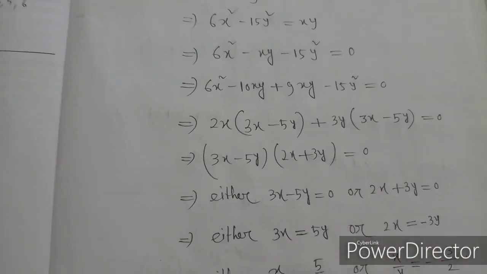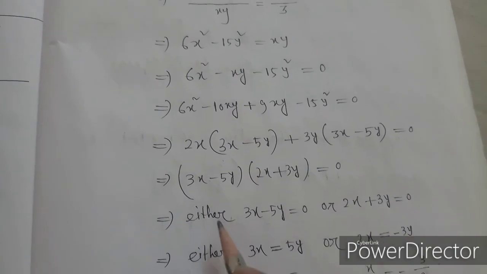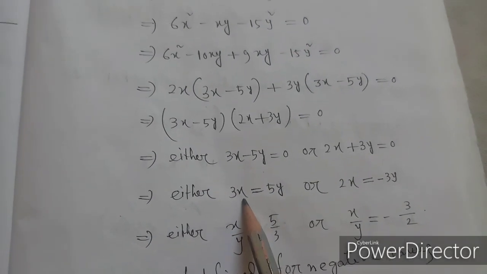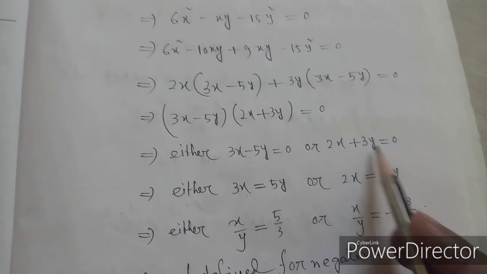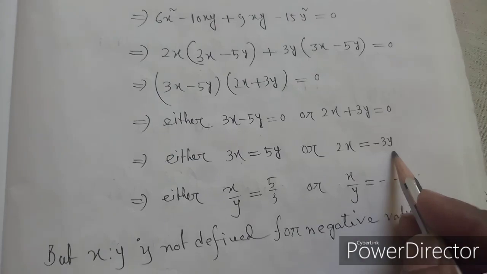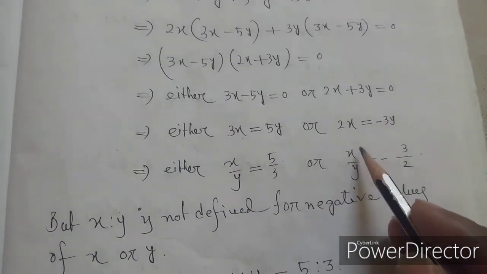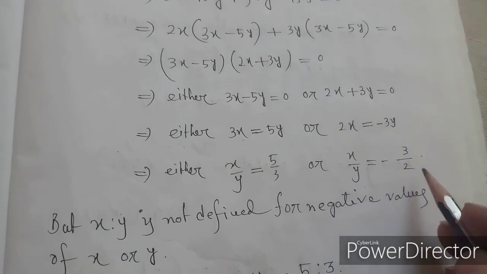So after simplification we get either this one equal to 0 or that one equal to 0. So now for the first one 3x equal to 5y or second one 2x equal to minus 3y, that means either x by y equal to 5 by 3 or x by y equal to minus 3 by 2.